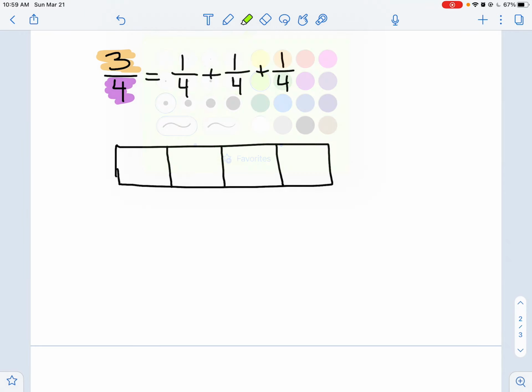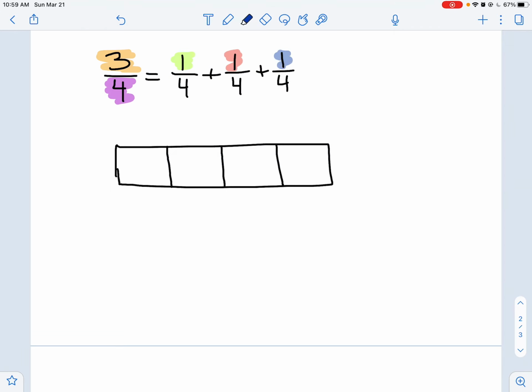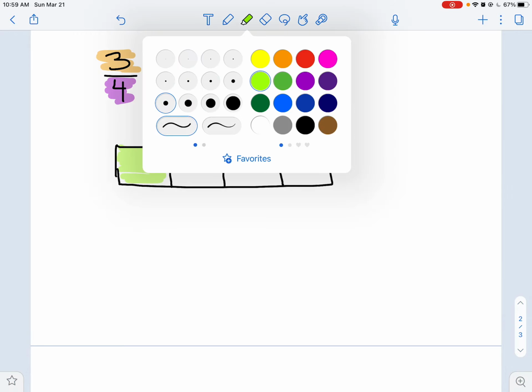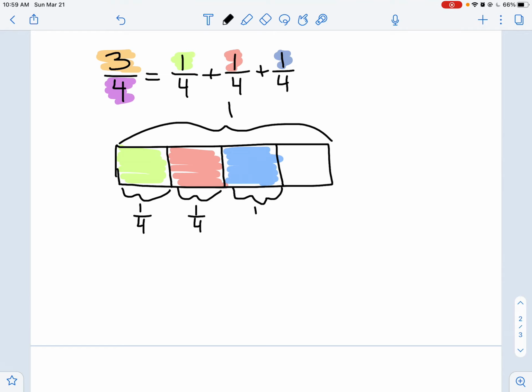And your addition sentence is going to tell you how to highlight. So it says to highlight 1 and 1 and 1, right? So you've got 1/4 plus 1/4 plus 1/4. And that equals the 3/4 that we've highlighted, right? So you can label this as your 1 whole, and then you label each portion 1/4, 1/4, and 1/4.